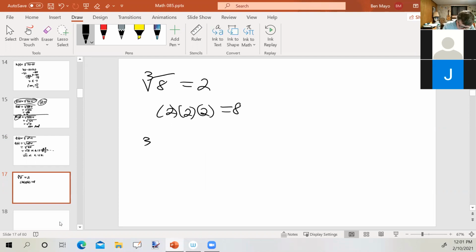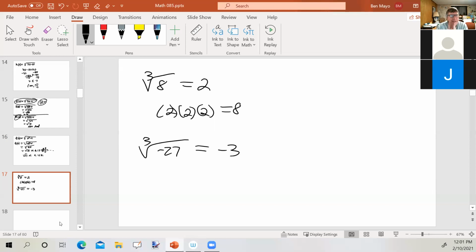What's the cube root of negative 27? -3. Yeah. Now, notice we just took an odd root of a negative radicand and we got a negative answer, because -3 times -3 times -3 is -27. So we can do odd roots.